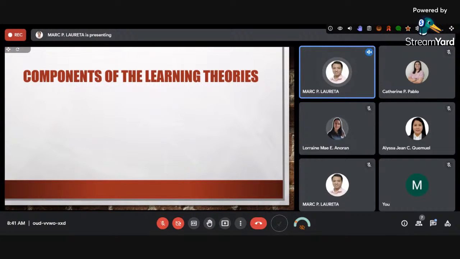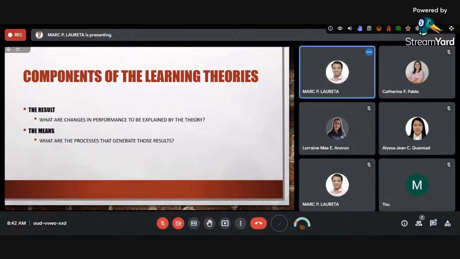So what are the components of a learning theory? First, we have the result. In the result, what are the changes in performance to be explained by the theory? What are the intended learning outcomes, in other terms? The second component is the means.